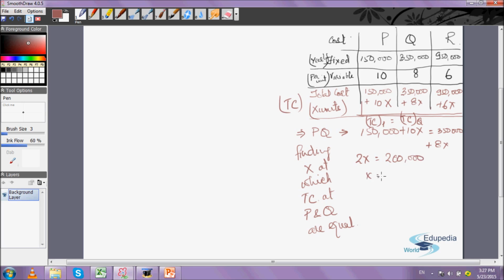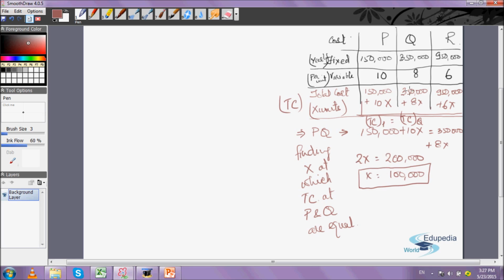So the value of x here would be 100,000 exactly. So when we produce 100,000 units of product, then the total cost at P and the total cost at Q would be equal. So this is a break-even point between P and Q.